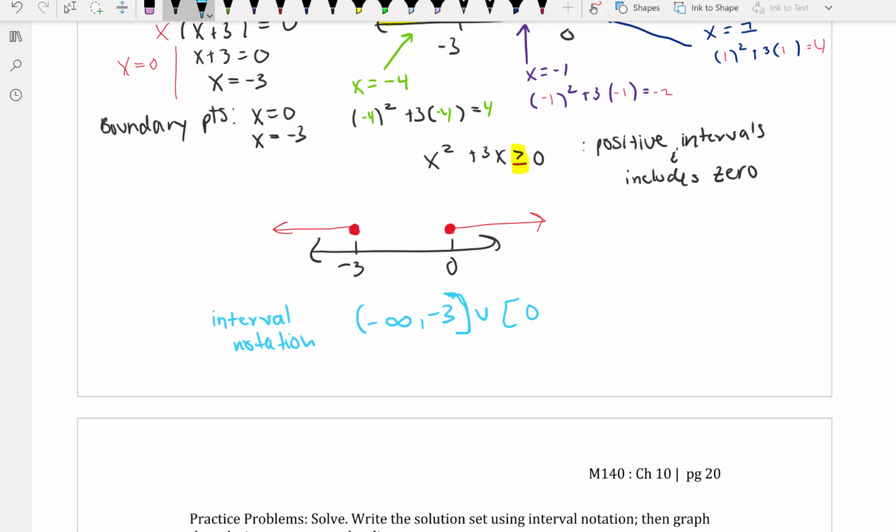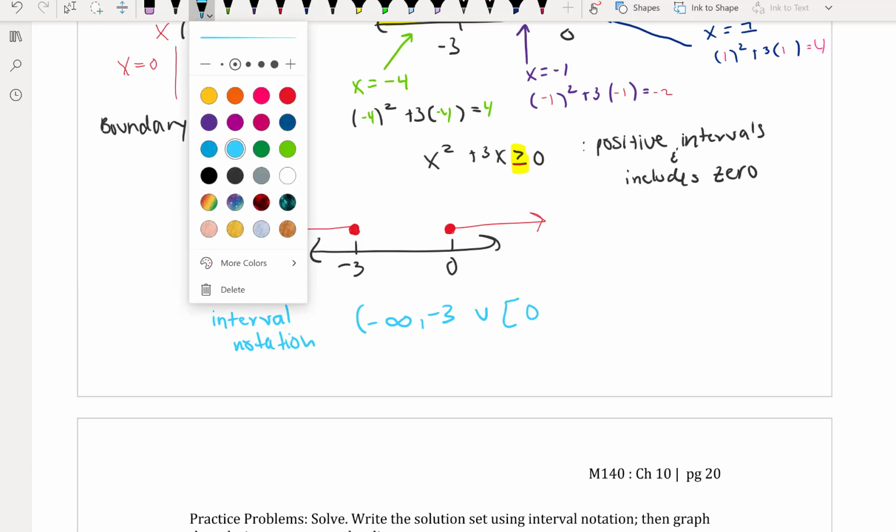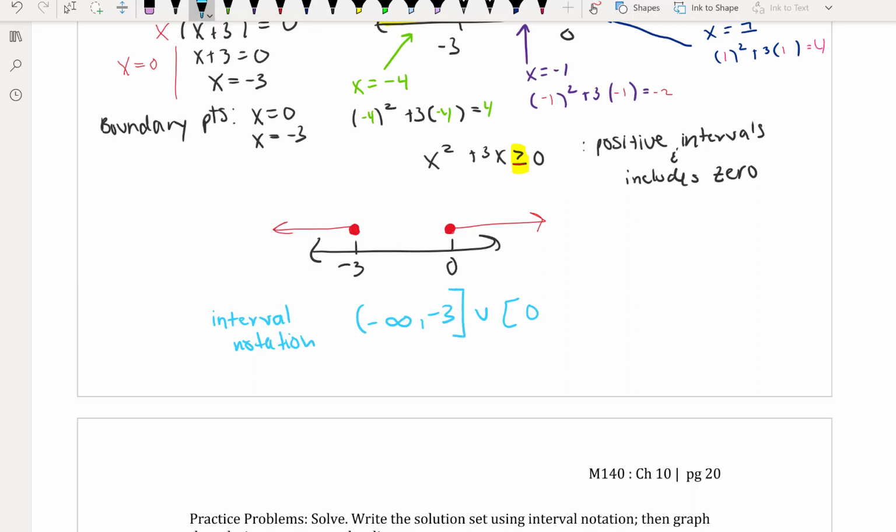I'm specifically using brackets here, so make sure that you have your brackets. And then it shoots off to positive infinity. And positive and negative infinity always have parentheses around them.